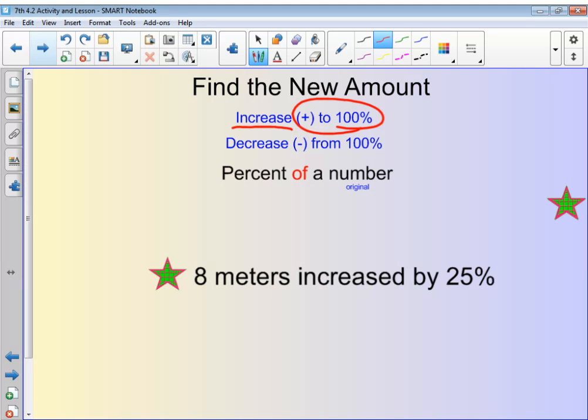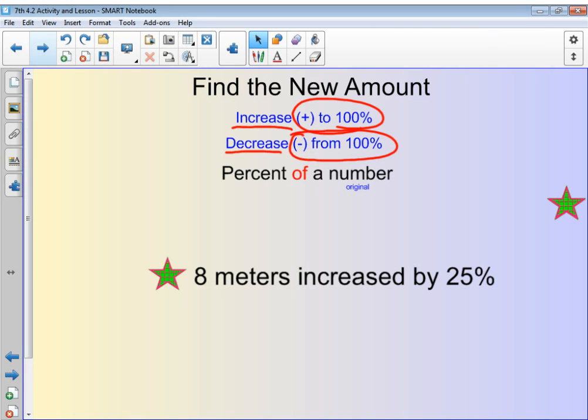So that'll be our step in the very beginning, and then we'll change that percentage into its decimal form. If it says a decrease, we're going to subtract that percentage from 100. So we're doing the front end instead of doing our adding or subtracting in the back end. I just think it's easier when we're working off of that 100% than to work with some numbers that are harder to add and subtract in the end.